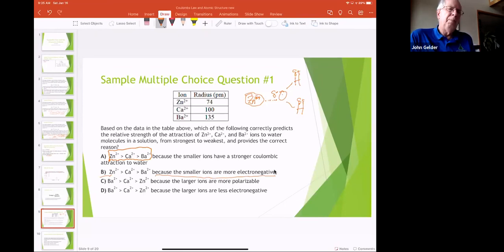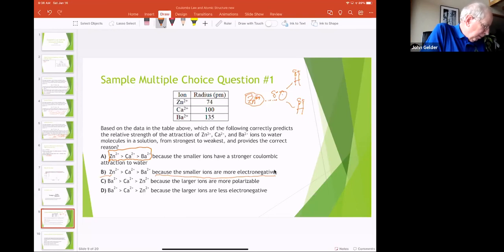Electronegativity is usually a term that we associate with the attraction that an atom experiences for the electrons in a covalent bond. And so we're thinking about ions being attracted to water. While electronegativity is a concept that we're familiar with, and we do have this sense that smaller atoms have higher electronegativities, we don't talk about it in AP chemistry in the context of ions. So that was sort of a tricky distractor.